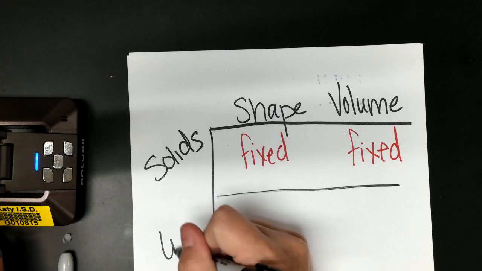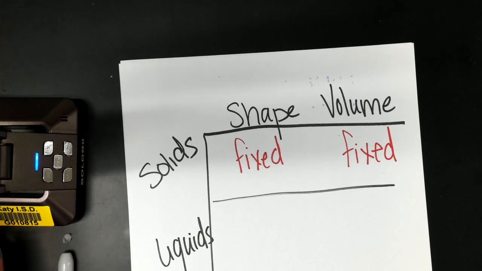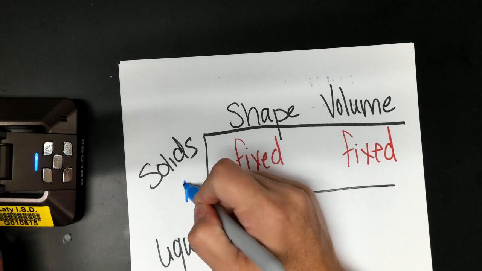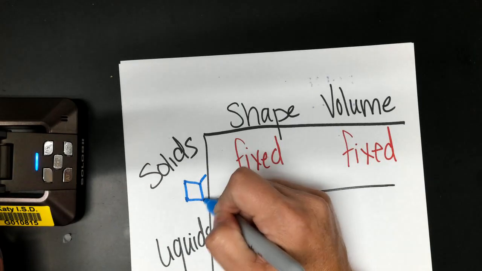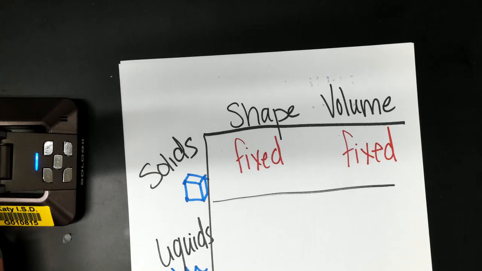Now, liquids are a little bit different. You draw like a cube real quick for a solid, a nice cube. And here's some water, waves for water for liquids. Liquids can maintain the same amount of volume. For example, in our class, we poured 50 milliliters of water into a sphere, and then we poured that 50 milliliters of water into a heart shape.